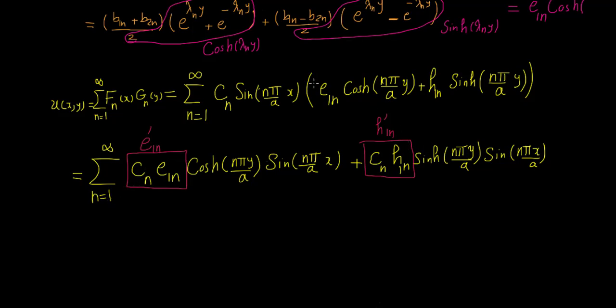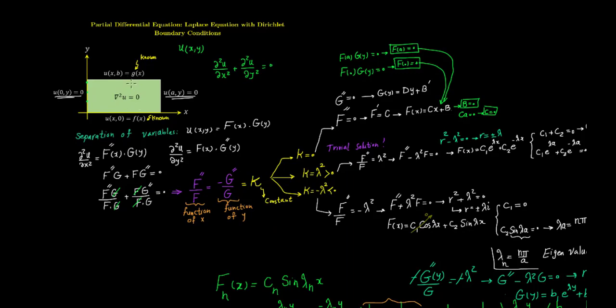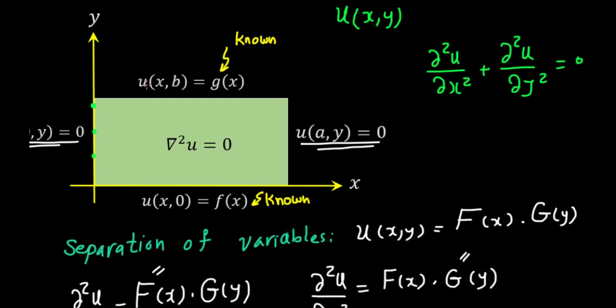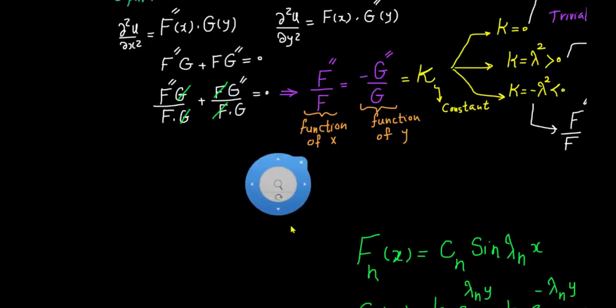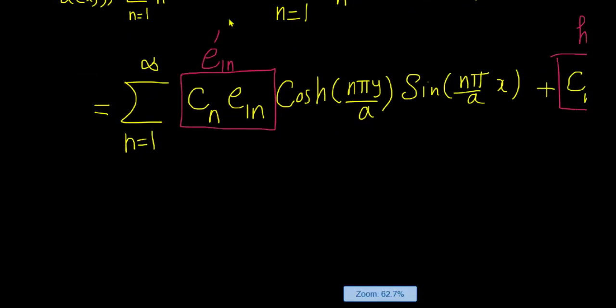So for solving them, we have to use the other two boundary conditions, meaning the value of u at the top and the bottom length of the rectangle are two known functions, lowercase f and lowercase g. So let's apply those two boundary conditions.